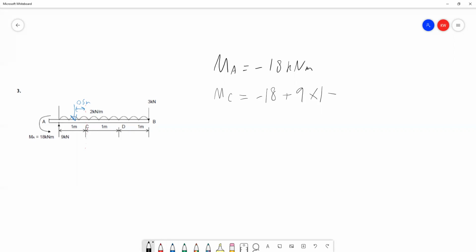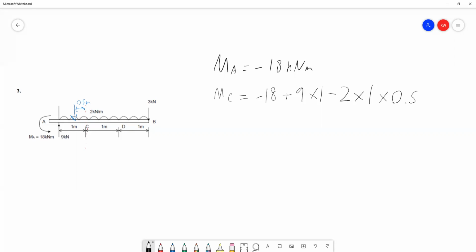We're subtracting, because this is acting in a counterclockwise turning motion. We multiply by the entire length, that's the 1 metre between A and C, because that's how much force is being applied. And then lastly, as we always do with moments, we multiply by the distance it's effectively being applied at. So that's 0.5, that's the distance from the midpoint of AC to C. So we multiply by 0.5 there.